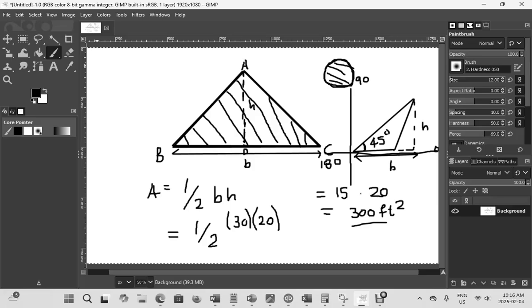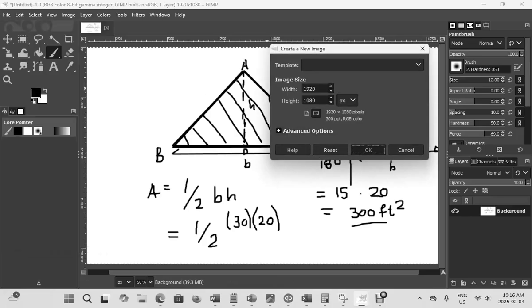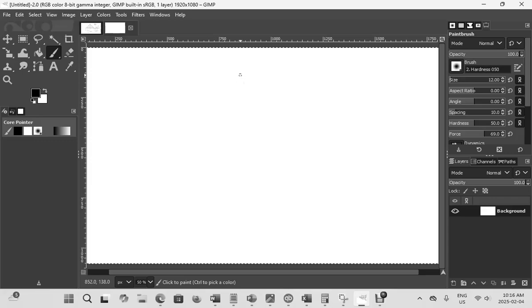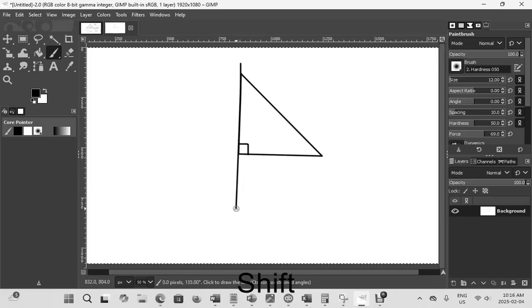Let's take another example. Let's say this is a right angle triangle. For a right angle triangle, one of the angles is 90 degrees. Let's say this is your quadrant over here, and one of the angles over here is 90 degrees. This is 0, this is 180, and this is 270.